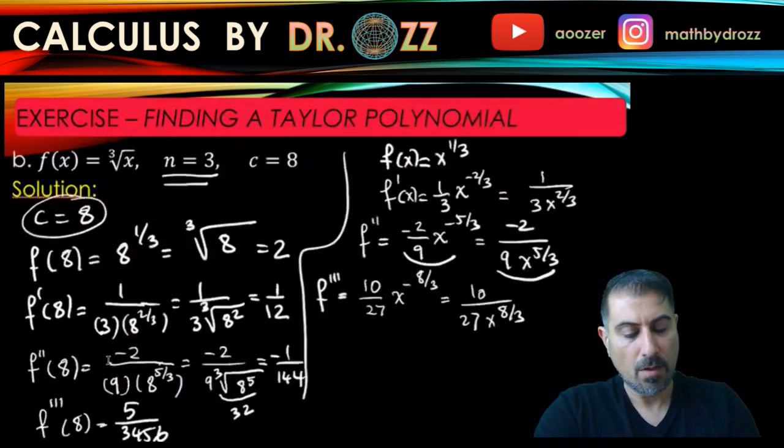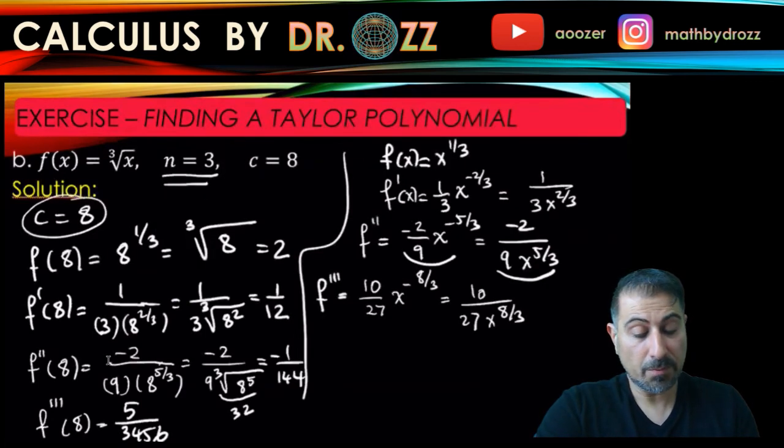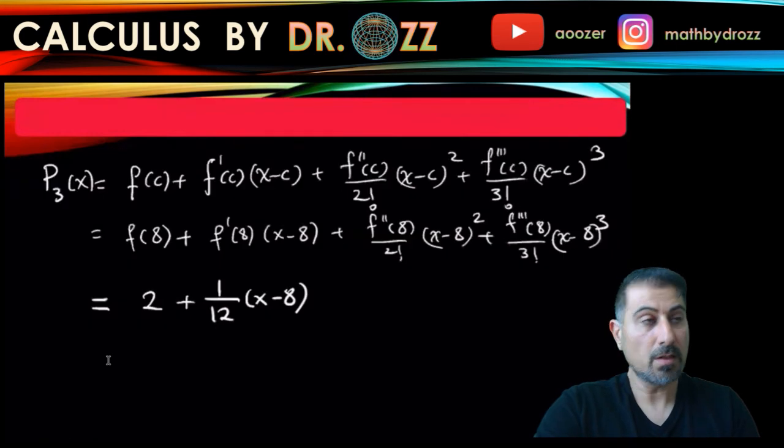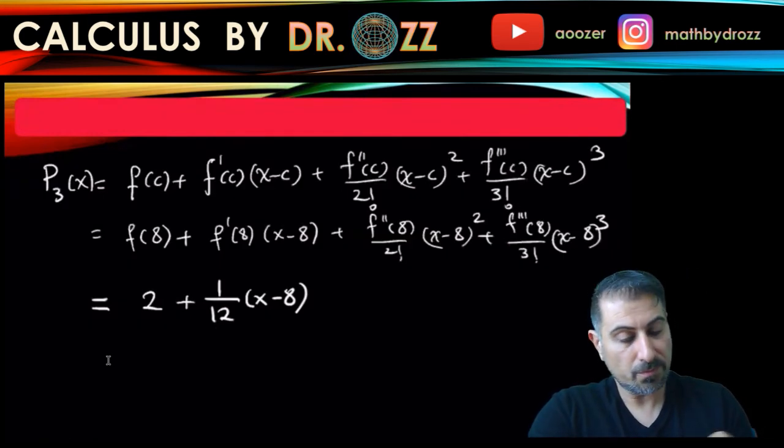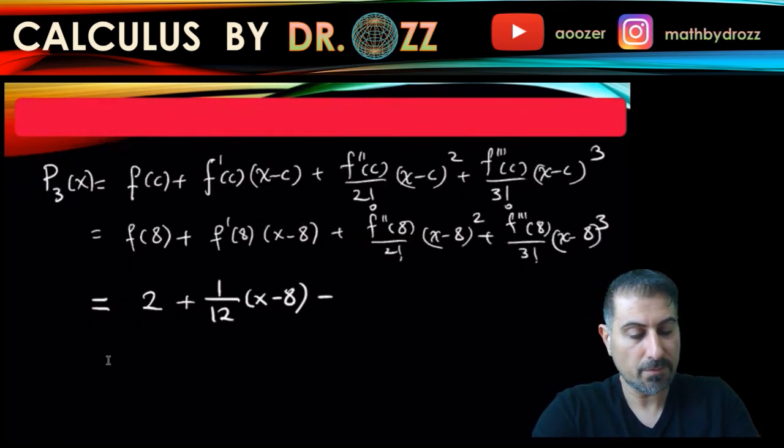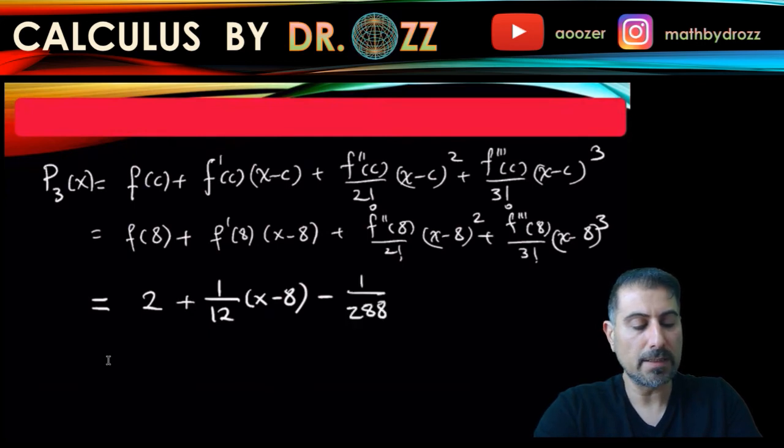F double prime is -1 over 144, and negative 1 over 144 divided by 2 factorial. 2 factorial is 2. So 1 over 288 times (x minus 8) squared.